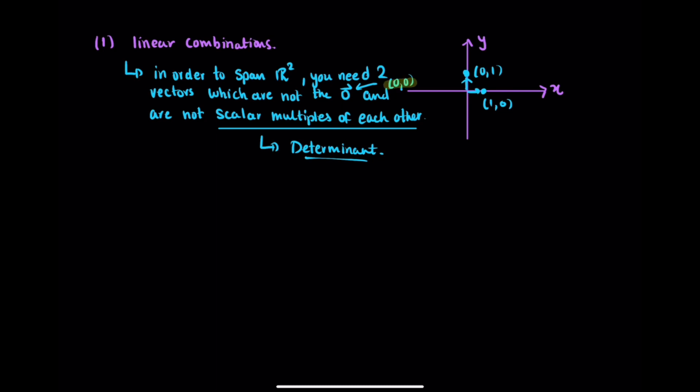So these two vectors are not scalar multiples of each other, and so you can multiply both of these vectors by different numbers, and you could come up with any vector.